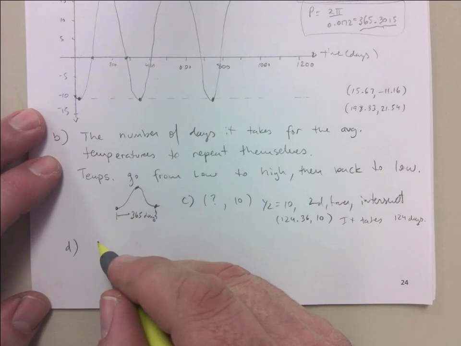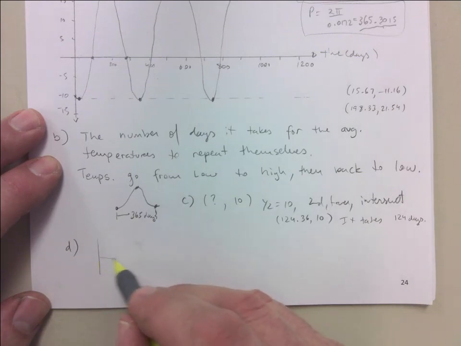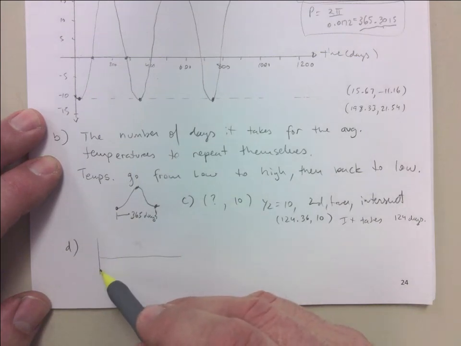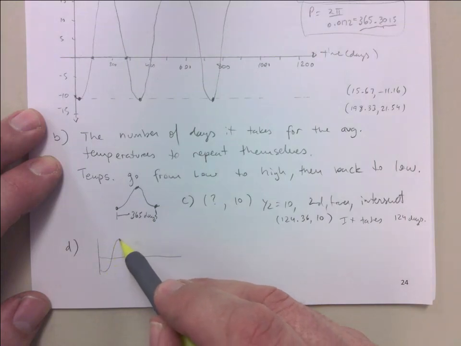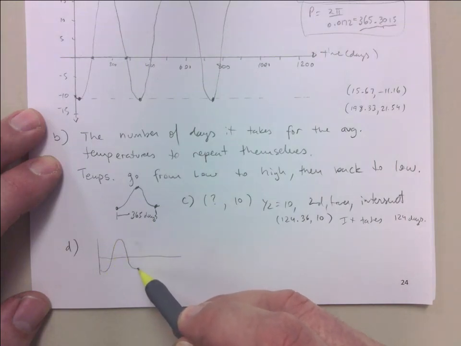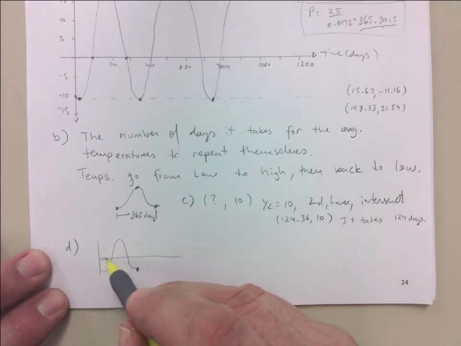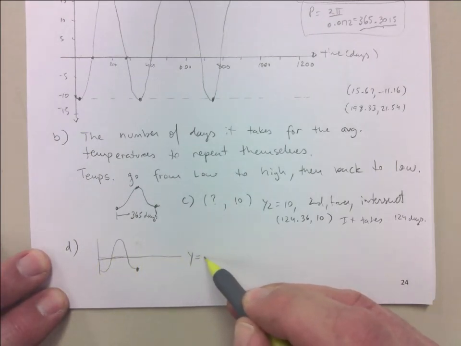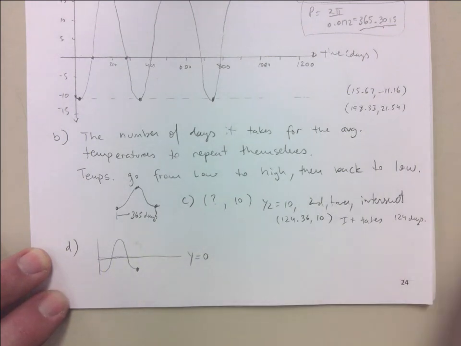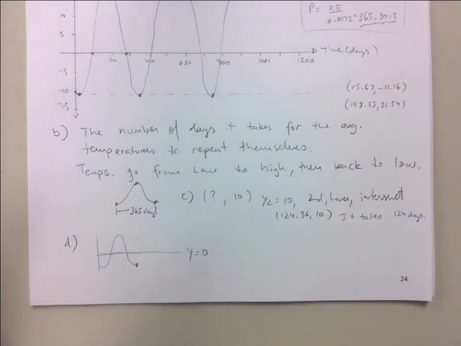For this one, let's just do a little visual here. It goes from here up and then back down. We're going to stop this picture right there. That's a full cycle. This is your y is equal to 0. Below freezing, what stretch of the curve are we interested in?